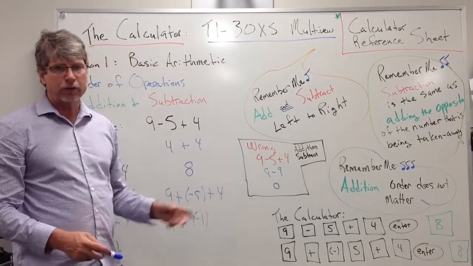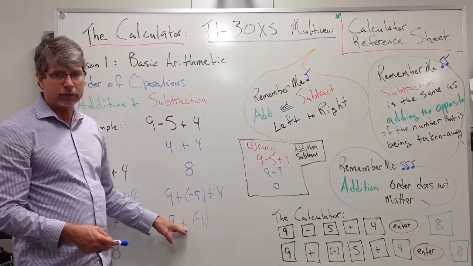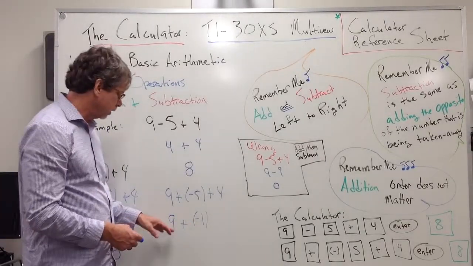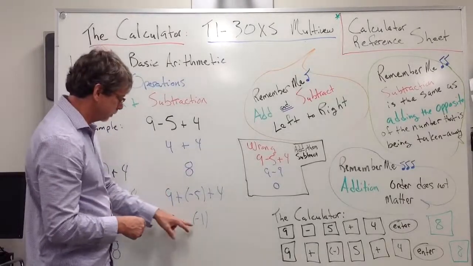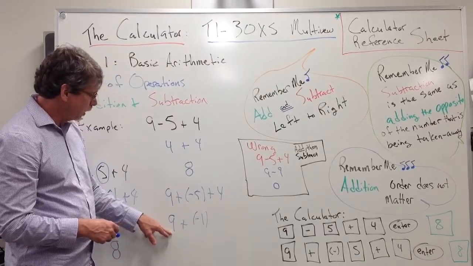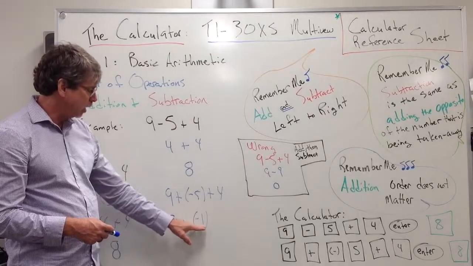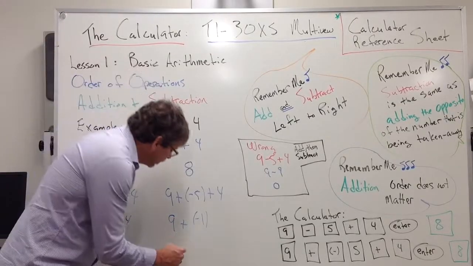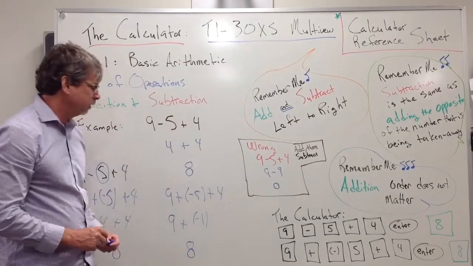I'm only using parentheses there to clarify that this is a negative 1, and I'm adding, so addition is my operation. These parentheses really aren't necessary. That's just being a little more particular. Anyway, 9 plus negative 1, I have $9 and I owe $1. I can then say that's going to be positive 8 as well.